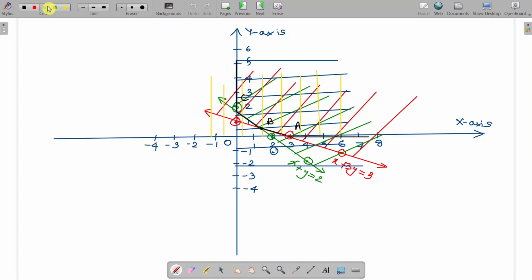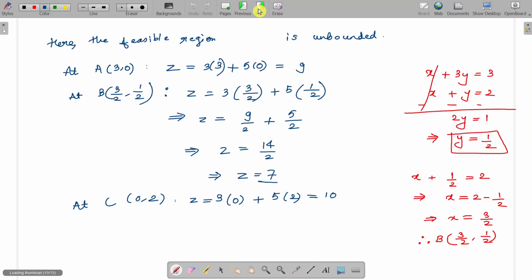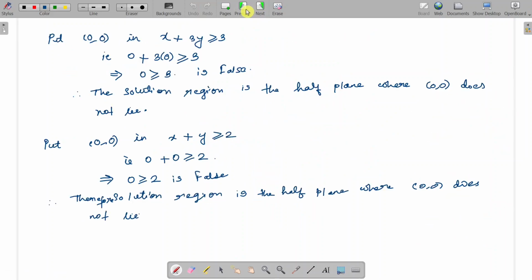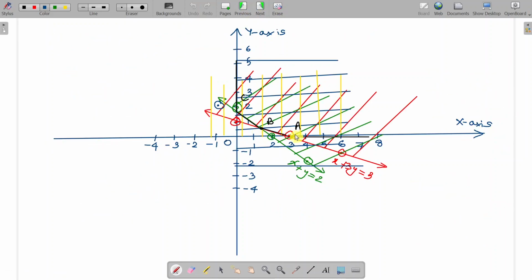Minus 1 comma 2 is here, and then 4 comma minus 1 is here. We will take this line.